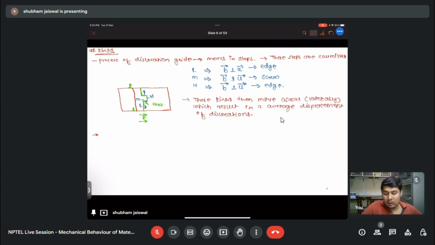It means there are some sharp corners, and these sharp corners result in an increase in the energy of the dislocation. So these sharp corners will reduce the energy by minimizing their sharpness or providing some roundness.